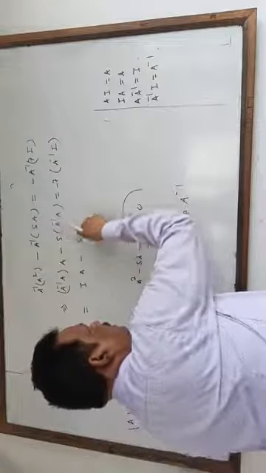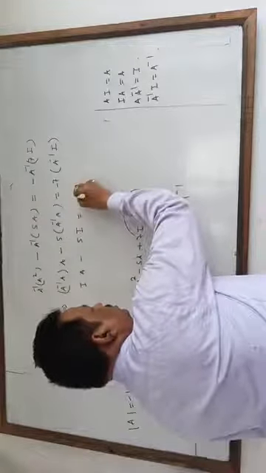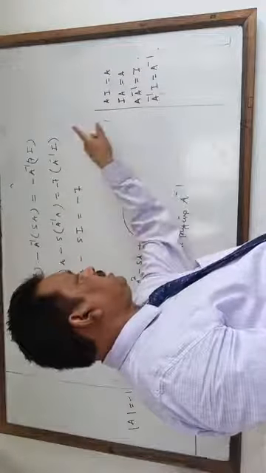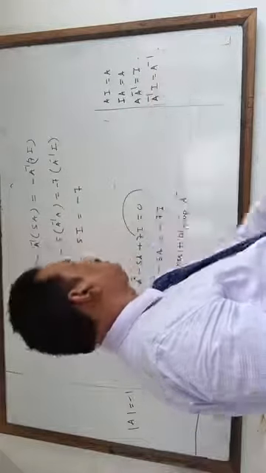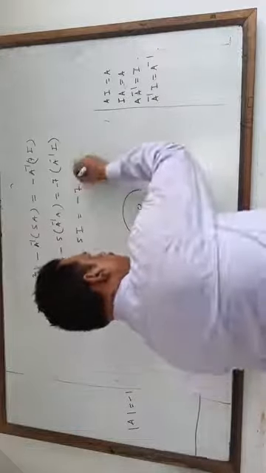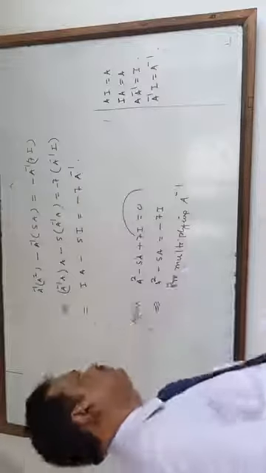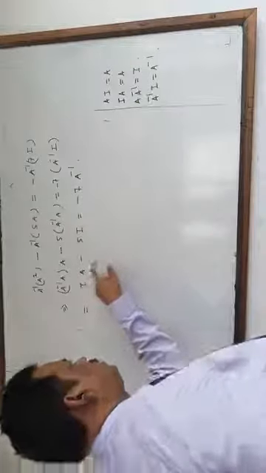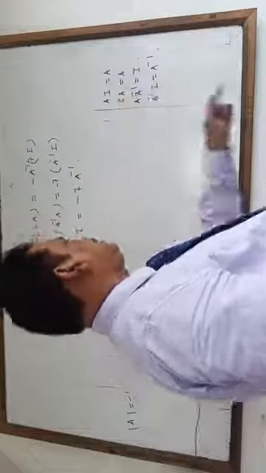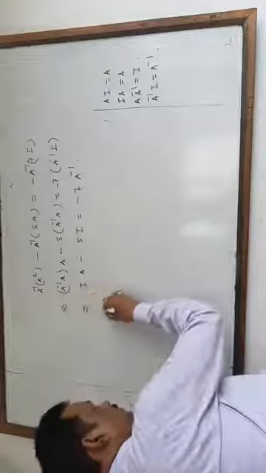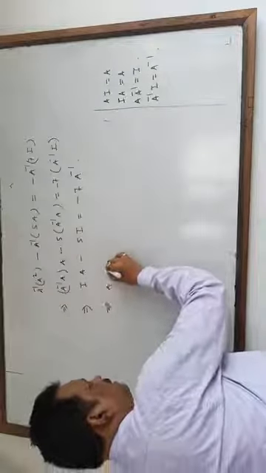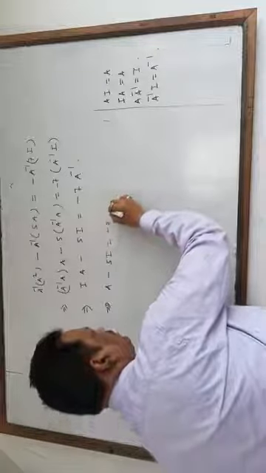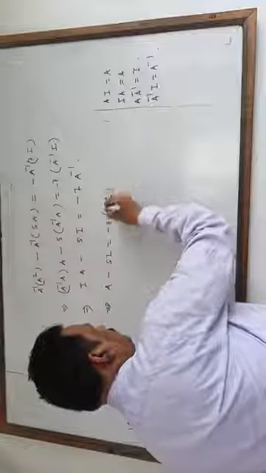A inverse A is I equals minus 7. You have to remember this: A inverse into I is A inverse. So one more step. I into A is A. Implies A minus 5I equals minus 7 A inverse.